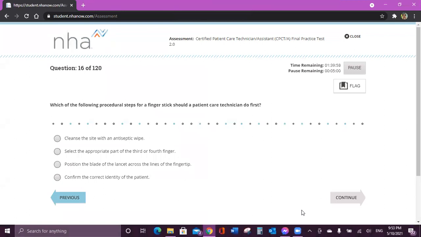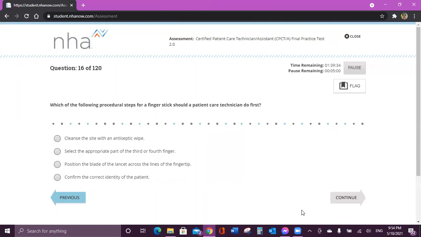Which of the following procedure steps for a finger stick should a patient care technician do first? Clean the site with an antiseptic wipe. Select the appropriate part of the third or fourth finger.